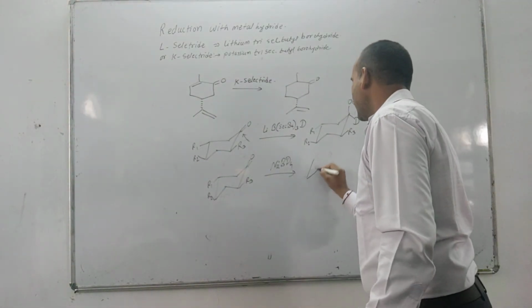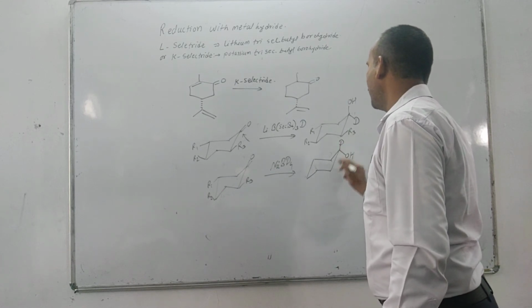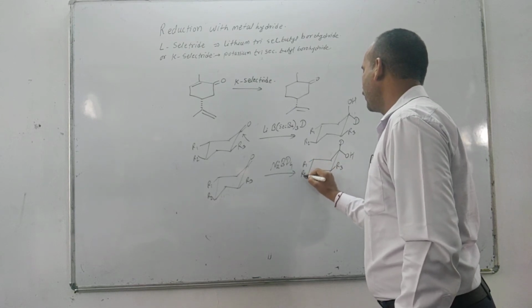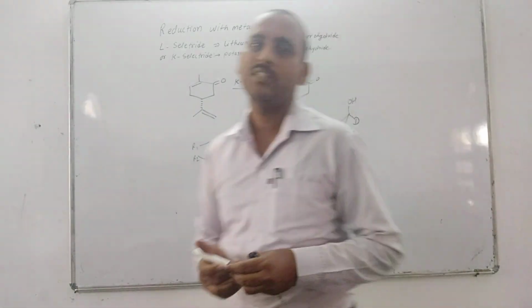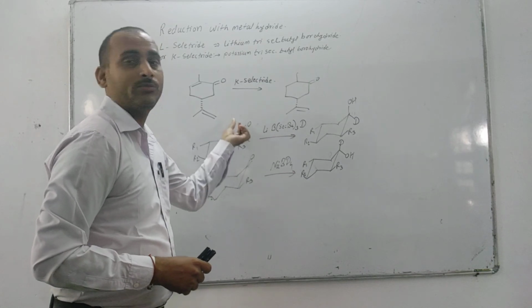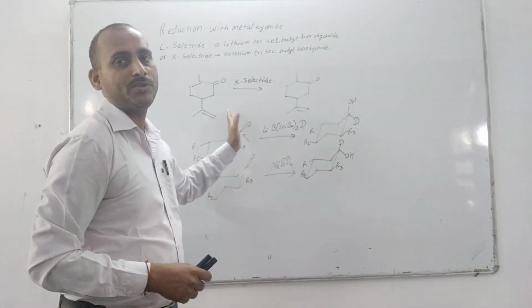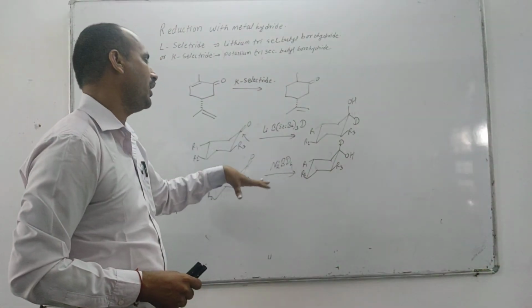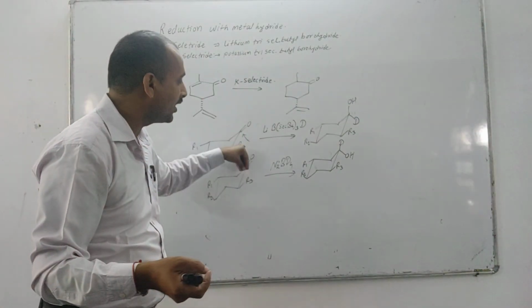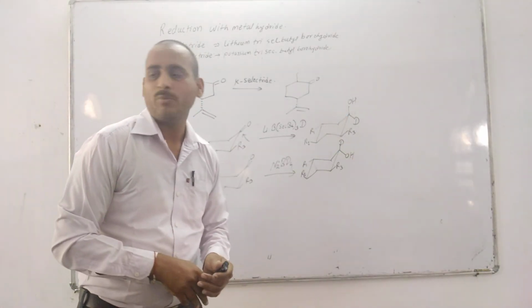Then by using this the product obtained is equatorial OH and axial deuterium, R3, R1, R2. So L-selectride is a selective reducing agent in which the hydride attacks from the equatorial face and axial OH formation takes place. Then sodium borohydride is a small reducing agent and it attacks from the axial side, the hydride attacks from the axial side and equatorial OH formation takes place.